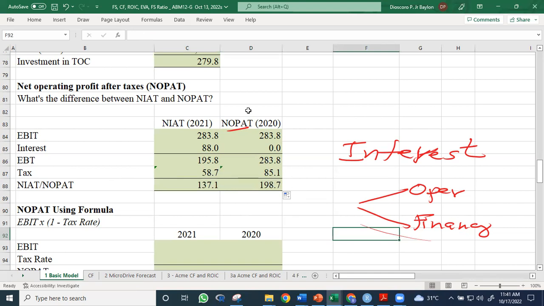Okay, so let's discuss this in a few minutes. Let me just once again ask your feedback if you were able to follow along and get the 198.7.